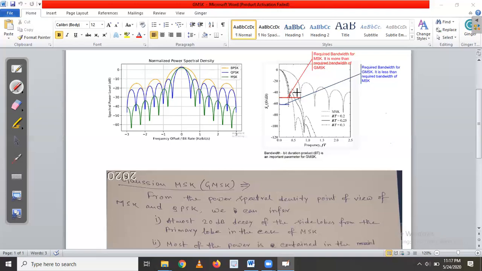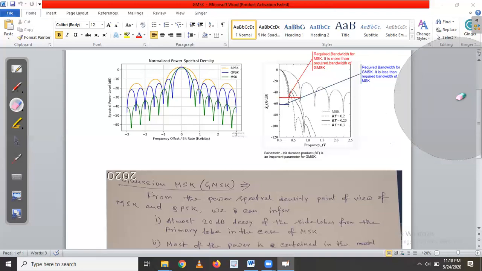So GMSK is much better than MSK in terms of power and bandwidth. And definitely there is a good comparison between MSK and QPSK. I am not coming directly to GMSK. The important thing is that I am covering QPSK, then MSK, then GMSK, so that you can understand why we are suddenly interested in GMSK, because GMSK provides you both things: power efficiency and bandwidth efficiency.